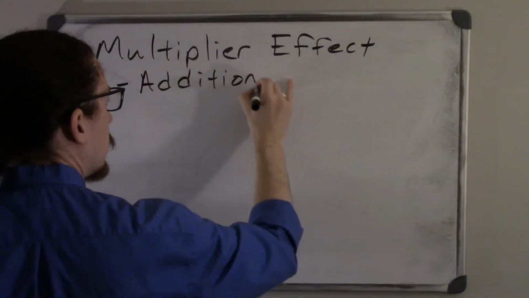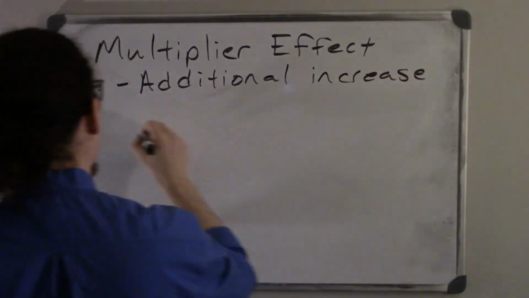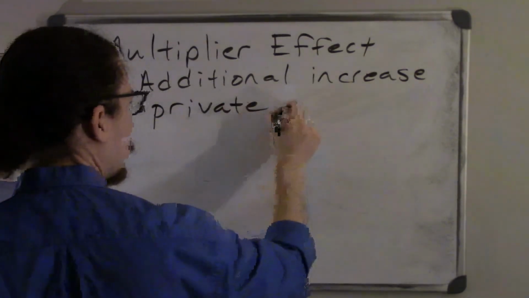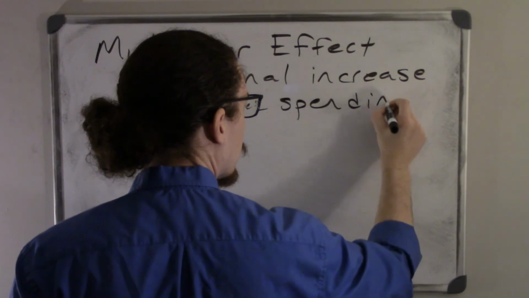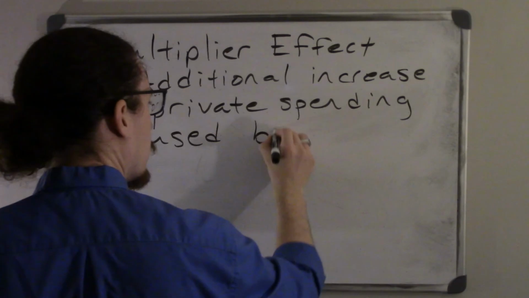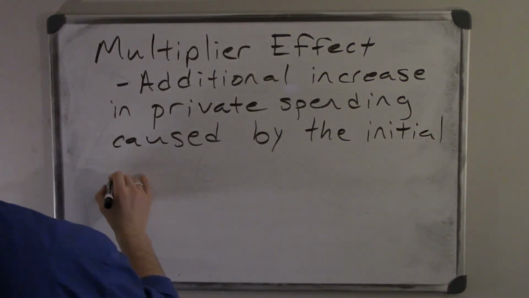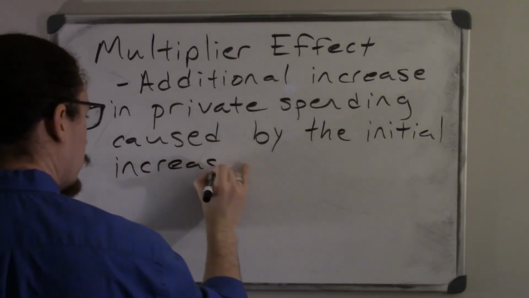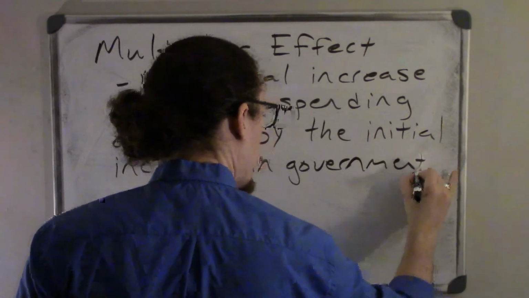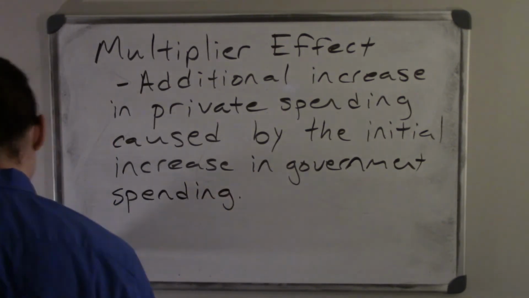So the multiplier effect is the additional increase in spending, I will say specifically private spending, caused by the initial increase in government spending.